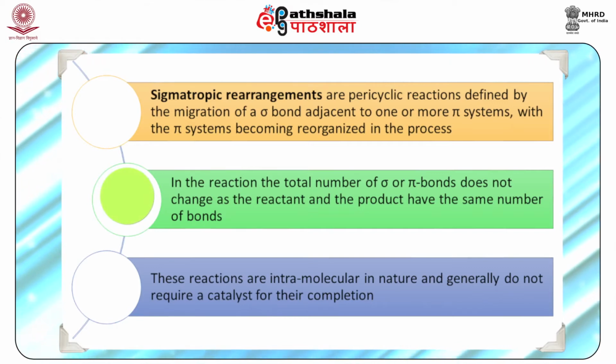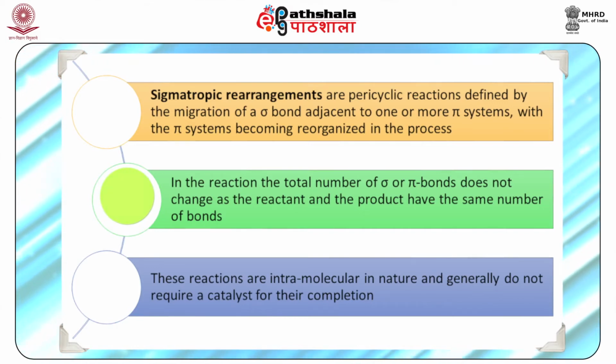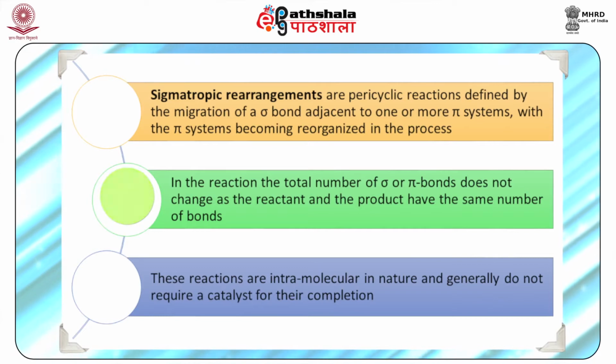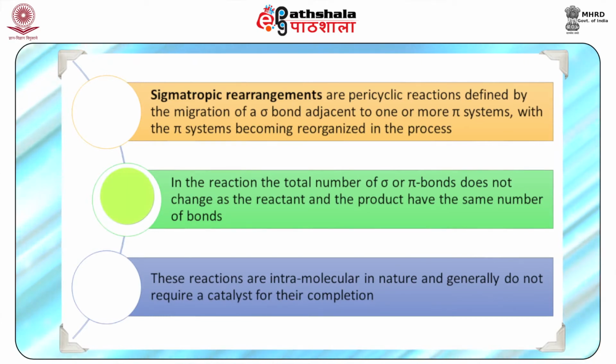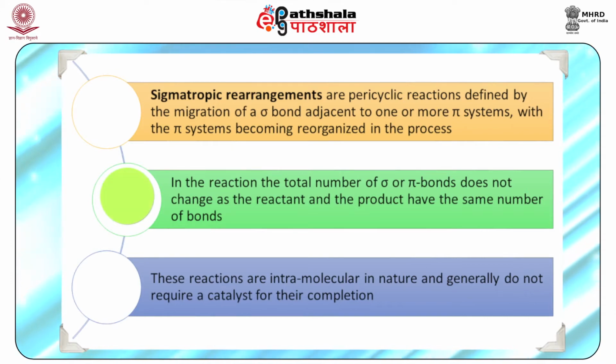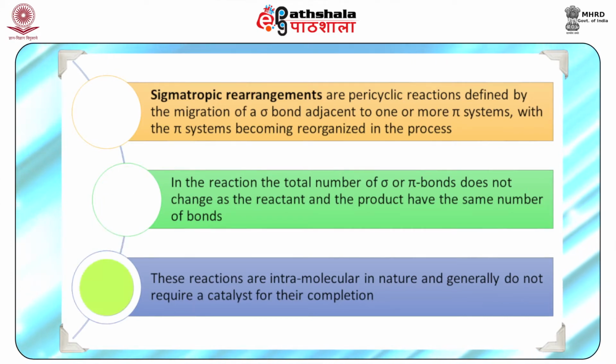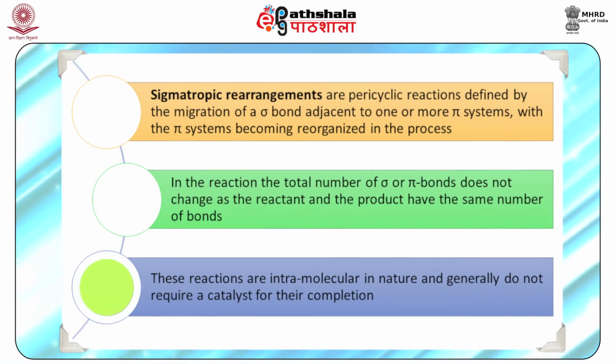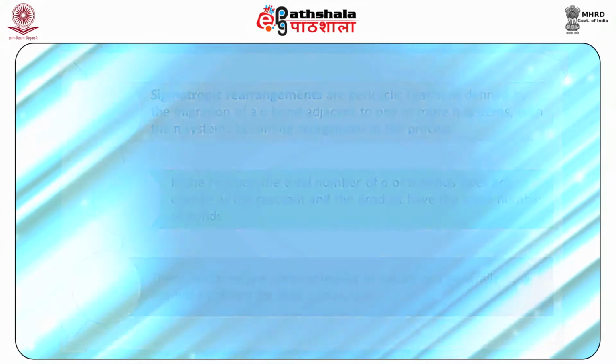In the reaction, the total number of sigma or pi bonds does not change, as the reactant and the product have the same number of bonds. These reactions are intramolecular in nature and generally do not require a catalyst for their completion.